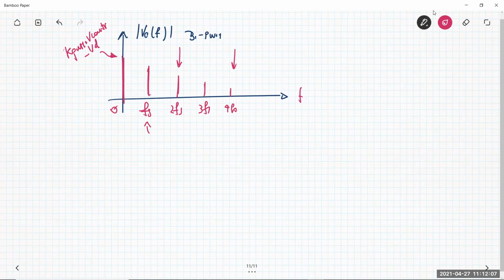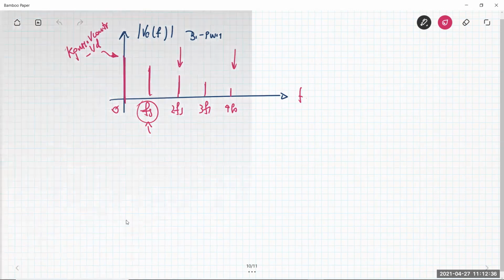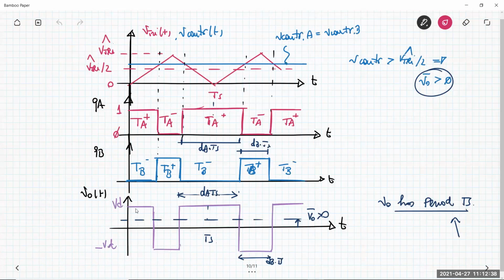This means that, if you want to filter with the same filtering that you have in the unipolar, the filtering action at the output is a little bit more difficult. Here it's not so effective as in the unipolar pulse width modulator, due to the presence of, for example, this harmonic here. So it is a little bit easier to filter out the harmonics in the unipolar pulse width modulator, having the same switching frequency, etc., etc.